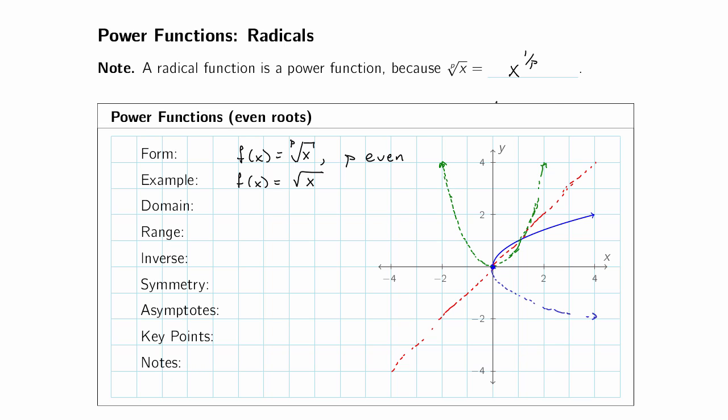And then when we restricted the domain of x squared, that made the square root into a function. So what we're really seeing here in the graph of f of x equals the square root of x is half of a parabola that's lying on its side, which is a shape that we're familiar with.